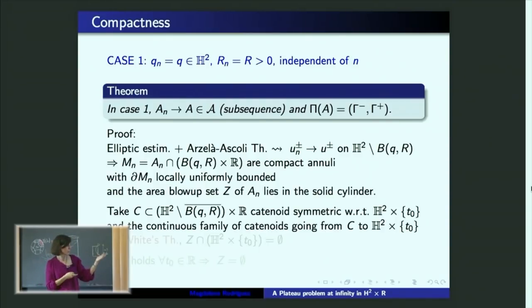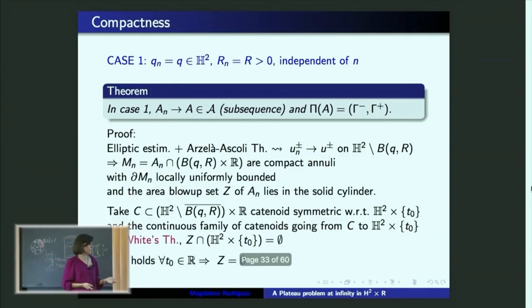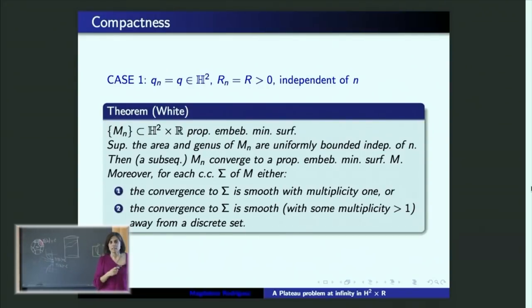So what we obtain here is that none of these catenoids can intersect your set Z. So at the end, at that height, you have nothing. And you can do that for any height. So at the end, what you're proving is that the area blow-up set is empty. Okay? And now we use another theorem by Brian White, saying that in that case, where there are no bad points where the area is accumulating, going to infinity, you have a limit.